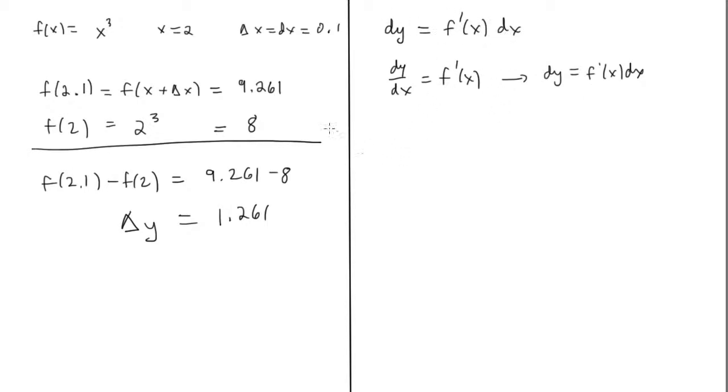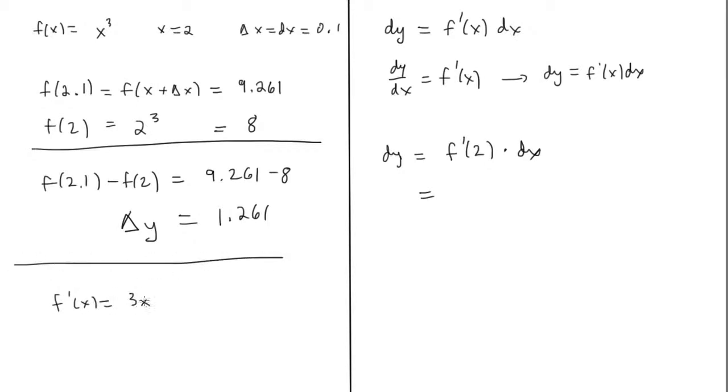Now for us, for this particular set of values, dy is f prime of 2 times dx, and f prime of 2, well, I don't know what that is yet, so let me come down over here and let's just figure out what f prime of x is.